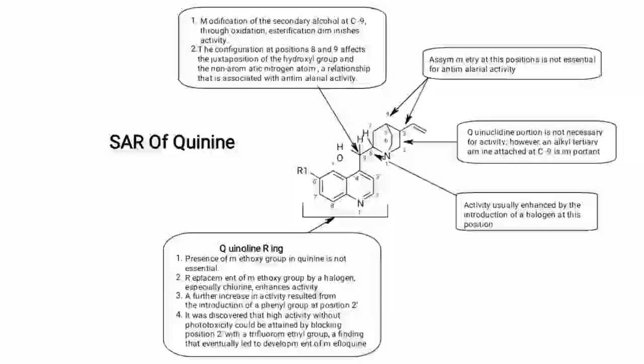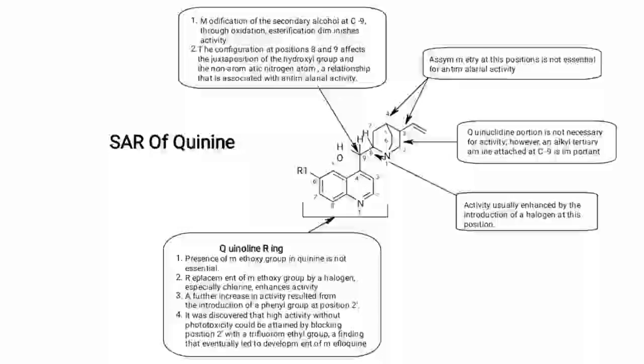This ring, particularly, the activity. So a further increase in activity results from the introduction of a phenyl group at position 2. If we add a phenyl group at position number 2, what will happen? The activity will be good, this is good activity.